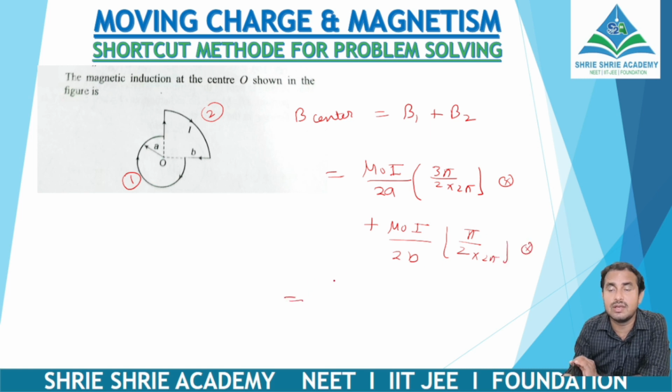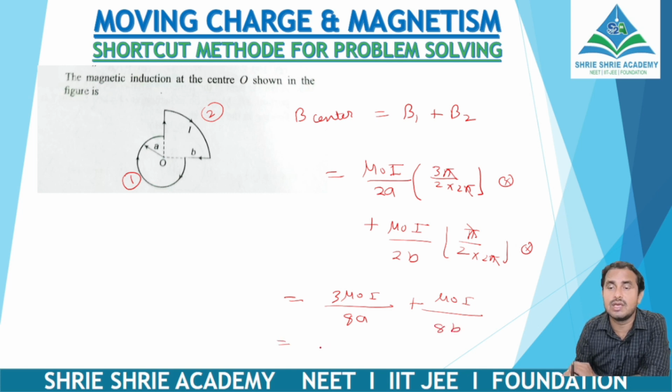Here pi and pi cancel, so you get 3 mu naught I divided by 8A, plus here also pi and pi cancel, so you get mu naught I divided by 8B.